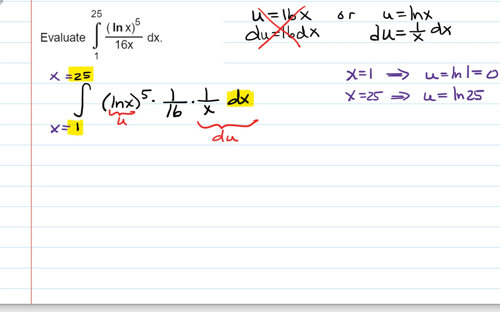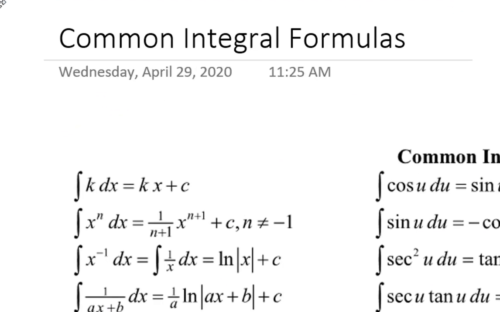So let's make our substitution. We have the integral from u equals 0 when x equals 1 to u equals natural log of 25 when x equals 25 of u to the 5th du, and I'm going to bring that 1/16 out front. Now this fits one of my common integration formulas, right?